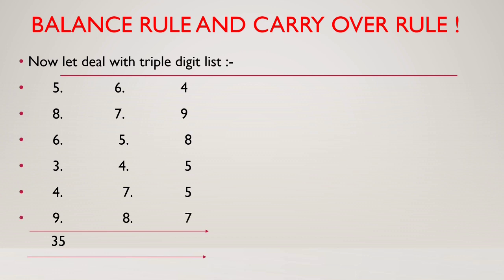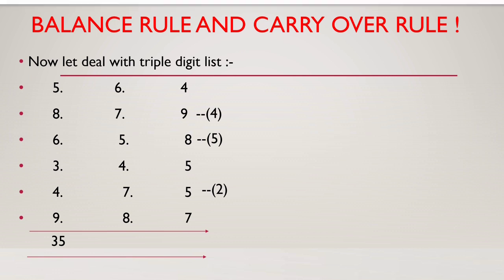Now adding these numbers, 7 plus 5, 12, we drop 10, carry 2, 2 plus 5, 7, 7 plus 8, 15, dropping 10, carryover 5, 9 plus 5, 14, we leave a dash and carry 4, 4 and 4, 8.